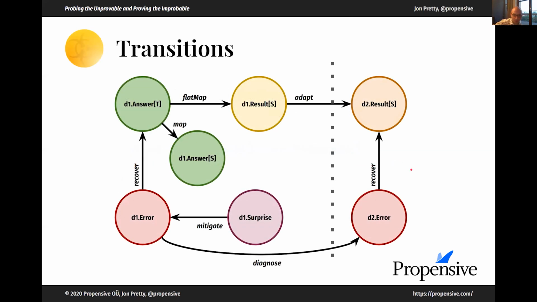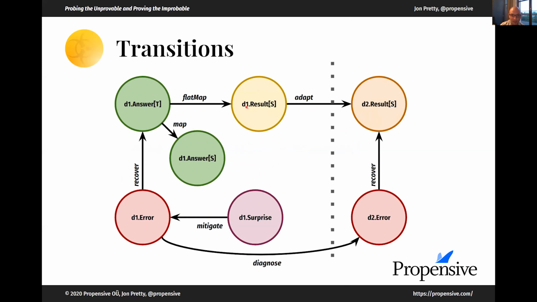Recover is just one of quite a few different methods that exist between the different types, and I've drawn a subset of them here in this diagram. There are familiar things like flat map and map. I didn't explicitly say, but you probably guessed that result types are monadic, so you can flat map over them. Note that I've got D1, D1, D1 here, and now over this side I've got D2.